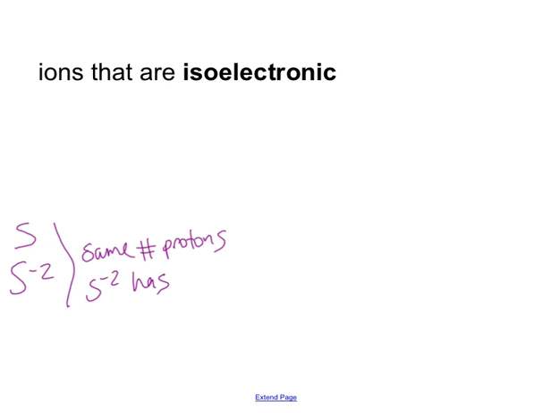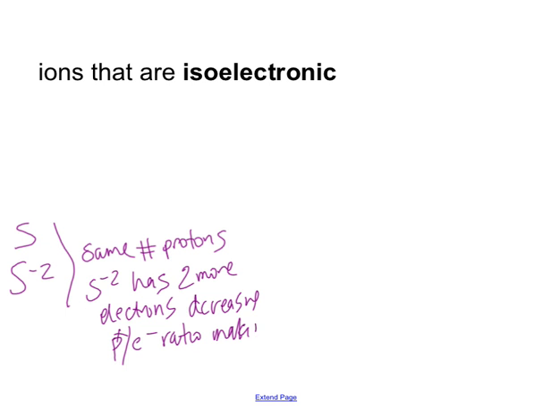It has 2 more electrons. Doing what to the nuclear pull, or that proton to electron ratio? Decreasing the proton to electron ratio, making S minus 2 bigger.